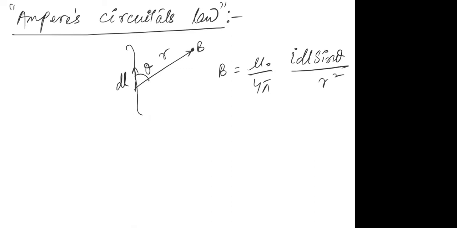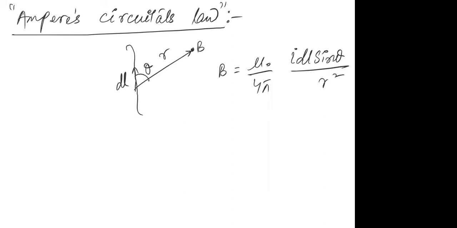In the same way, Ampere's law is also used to calculate the magnetic field. I can simply claim that Biot-Savart's law that you have already studied and the Ampere's law that we are going to study today are alternative forms of each other. Did you understand what I'm saying? The way Coulomb's law and Gauss law were alternative forms of each other, similarly Biot-Savart's law and Ampere's law are also alternative forms of each other.